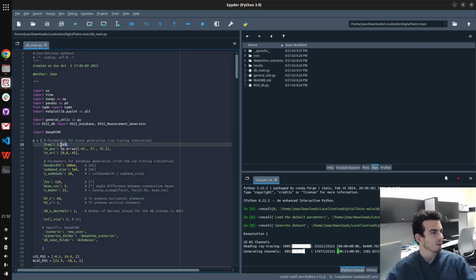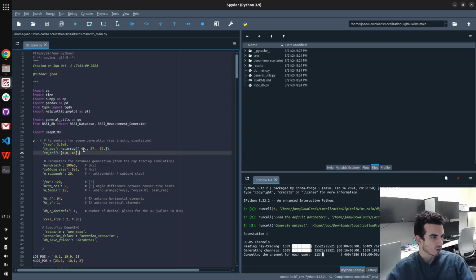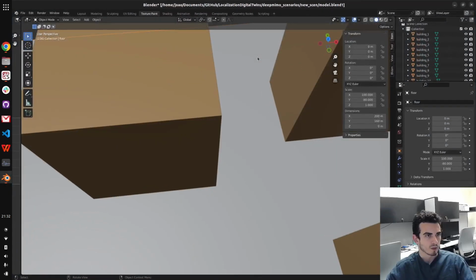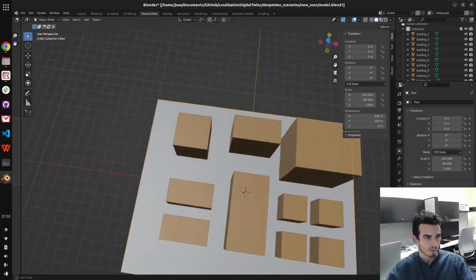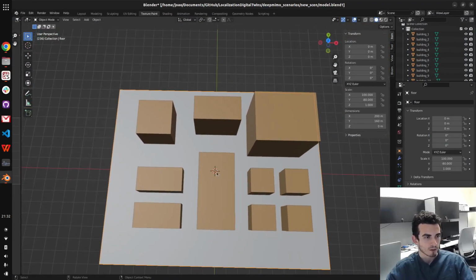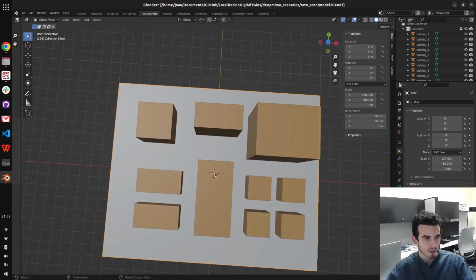So this is the frequency of our simulation, the position of the base station, and you can sort of understand this position. If I pull this here, this is the scenario again, and the 0 is there, and the x axis is to the right, and the y is up, on this green line. You can see the axis here. If we put minus 42, it's essentially going to be this side.